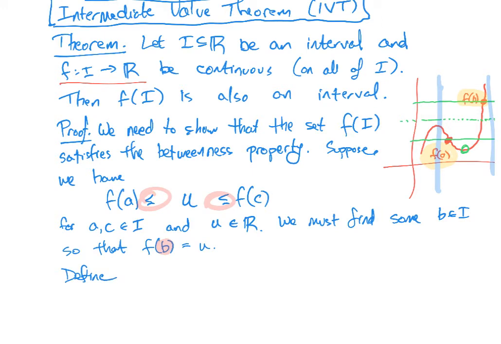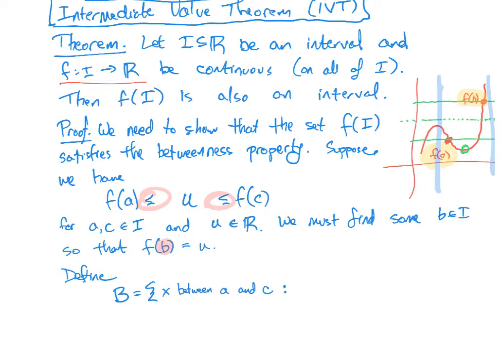We're going to define B to be the set of x. Now, I'm going to add a little bit of a silly condition. It's the set of all real numbers x between a and c.